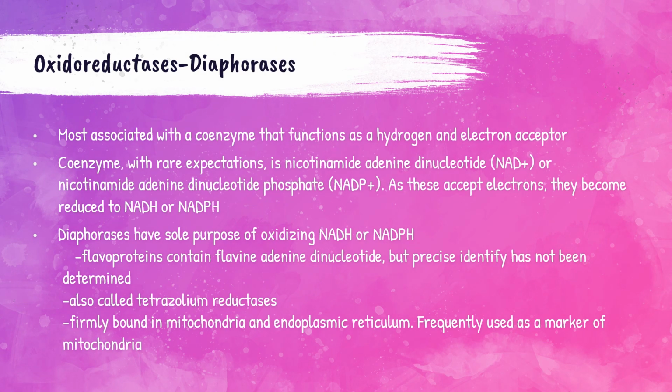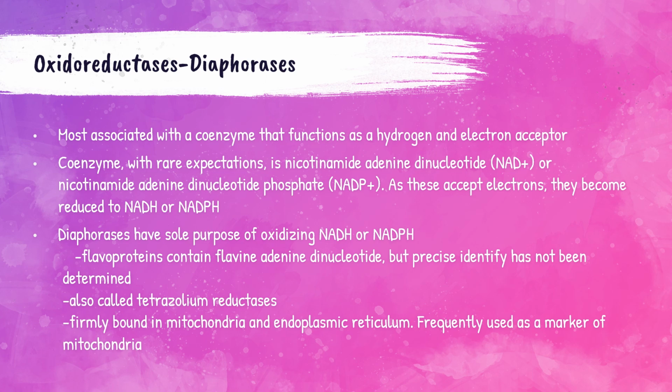So I said that the oxidoreductases are oxidases, peroxidases, and dehydrogenases. Diaphorases are a type of dehydrogenase. Most dehydrogenases are associated with a coenzyme that functions as a hydrogen and electron acceptor.